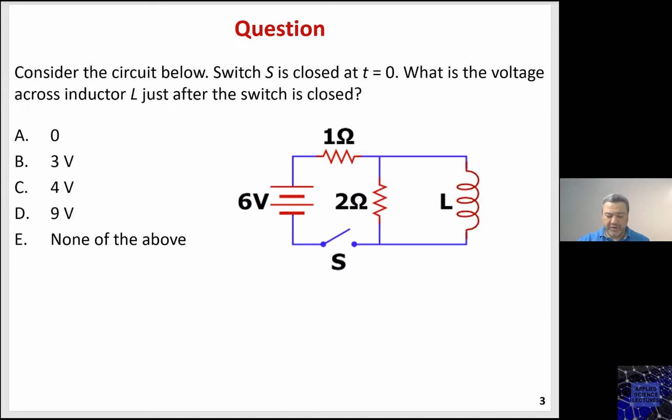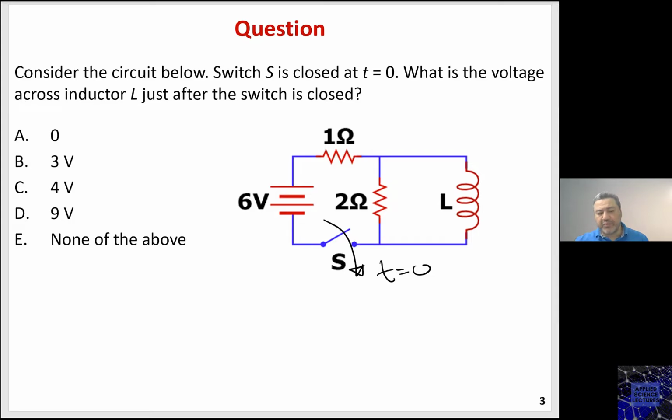Now let's move to the next question. Here we consider the circuit below. Switch S is closed at t equals 0. What is the voltage across the inductor L just after the switch is closed? Now remember, the current going into this inductor when the switch was open was zero. There is no source of energy, so the current through the inductor was zero when the switch was open.